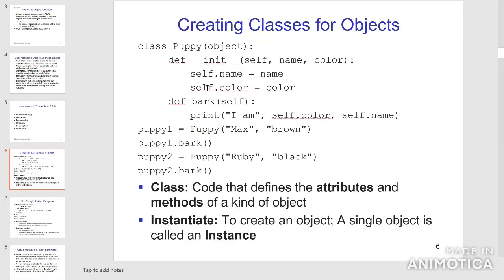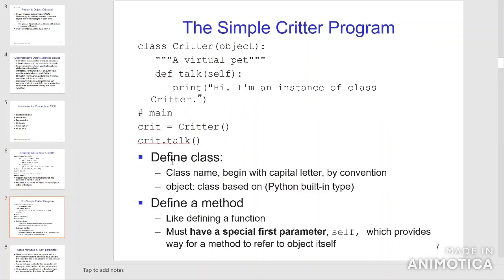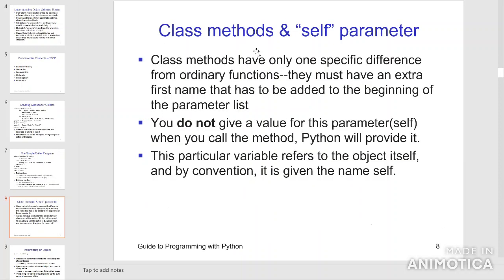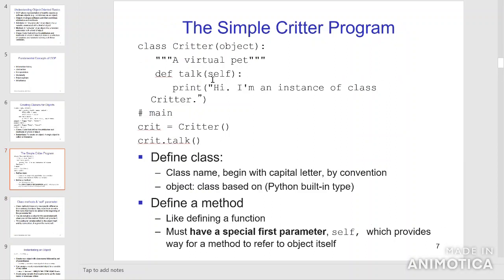So this is the way that you can define a class and define a method. And in a class method, you have to use the self keyword as the first parameter. And if you have more parameters, you put them after the self parameter.